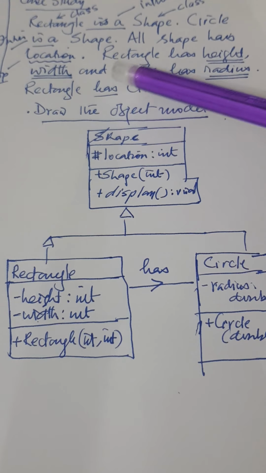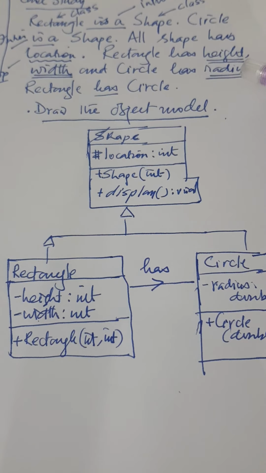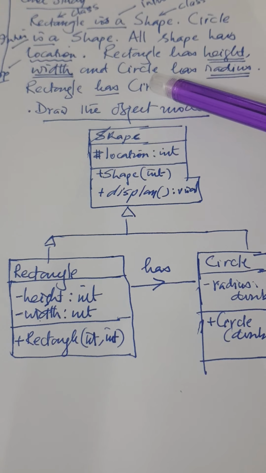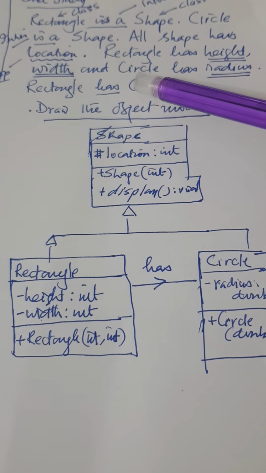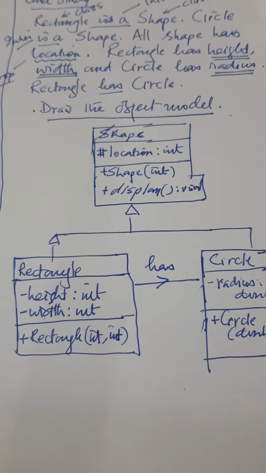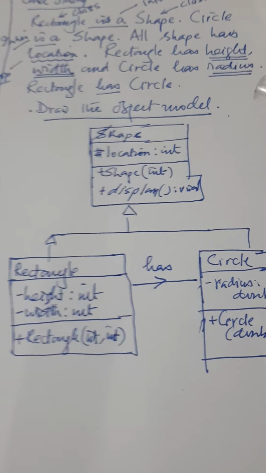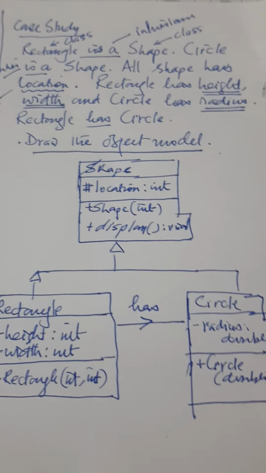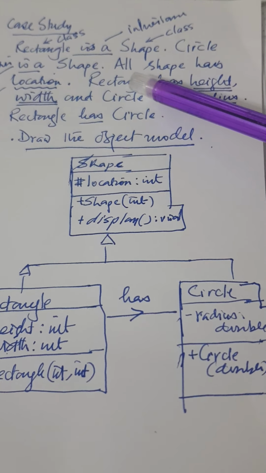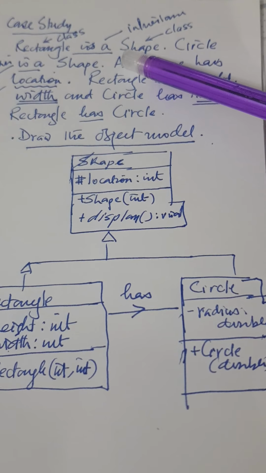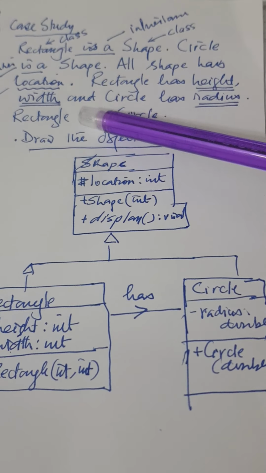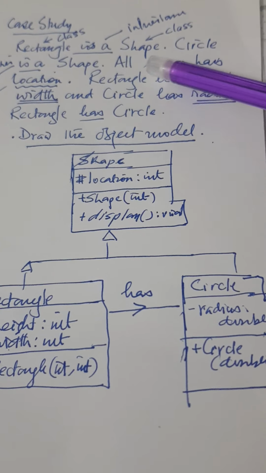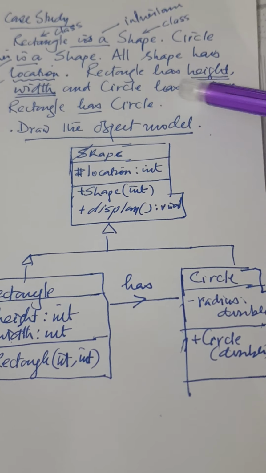These are private properties of rectangle. And circle has radius, a private property of circle. But I put something interesting: rectangle has a circle. If you analyze this case, you see that this case study has very specific relationships. You have inheritance, you have association, and you have sharing of property among the children.